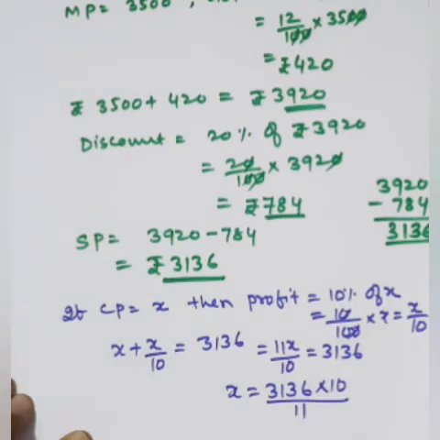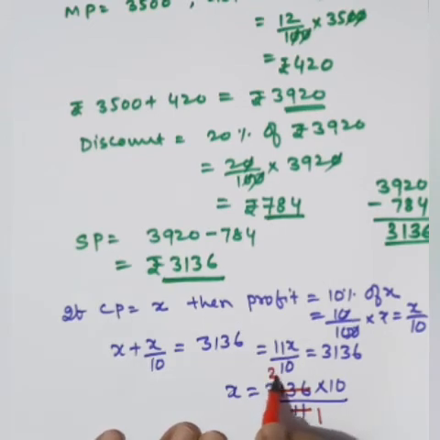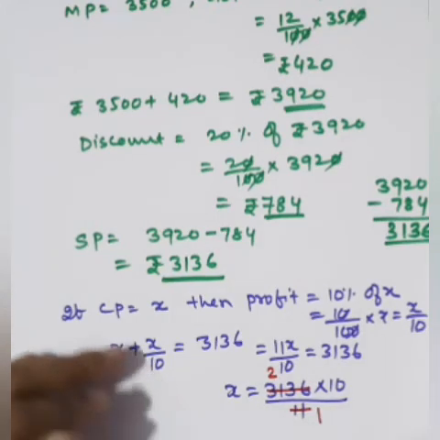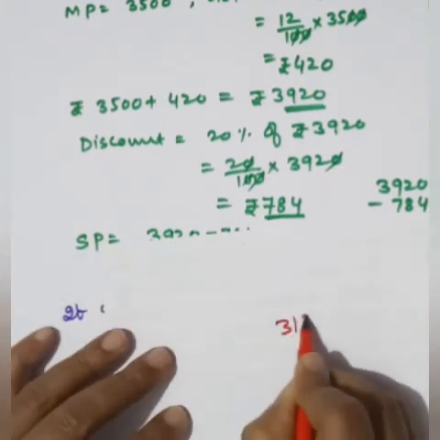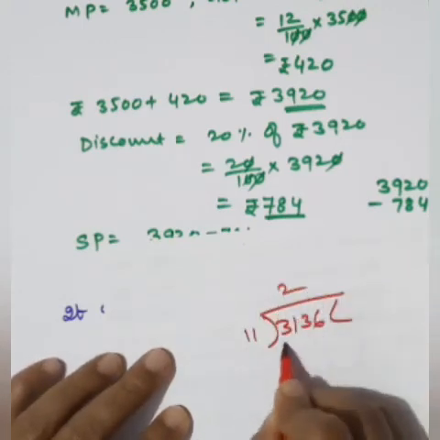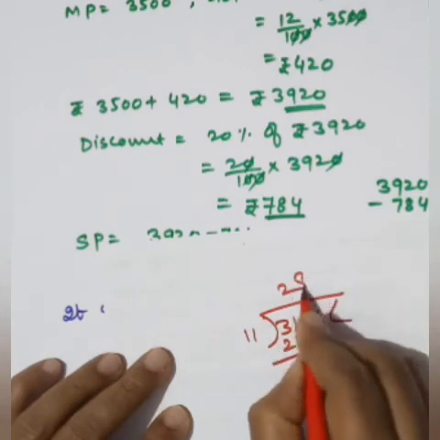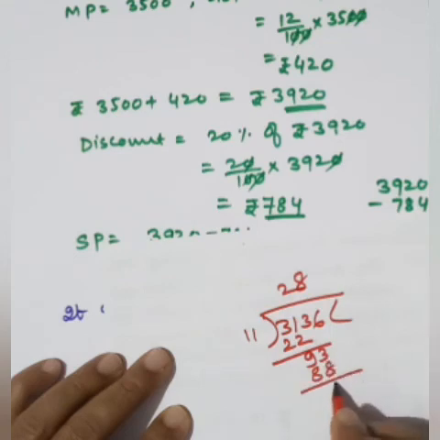Let us see how you can cancel it. Let us do it here. 3136 divided by 11. 11 twos are 22. 11 minus 2 is 9. Here 2 to 0, so 3. 11 8s are 88. 13 minus 8 is 5. Here 8 minus 8 is 0. 6. 11 5s are 55. 1.